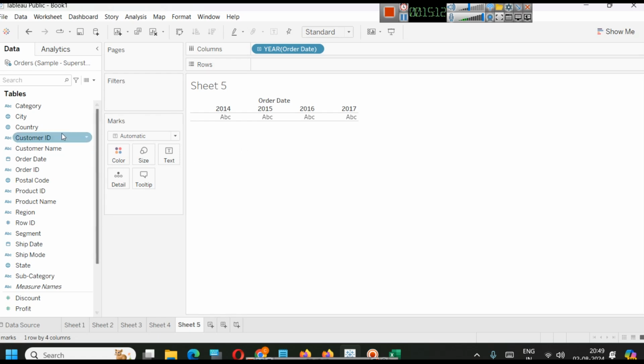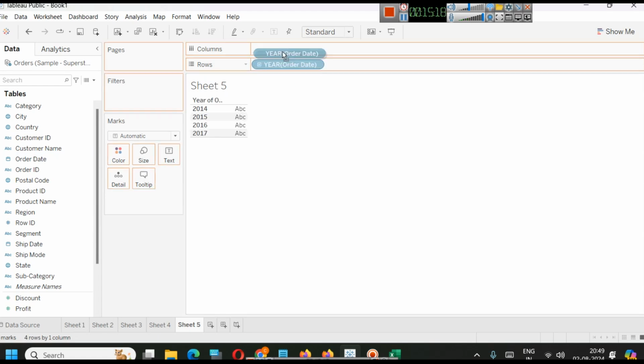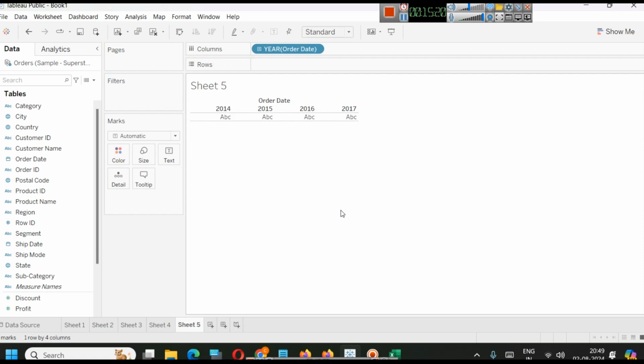When we drag any date value in column or in row, it doesn't matter. So what is the color of this? Blue color, right? And we associate blue color with dimensions, right?